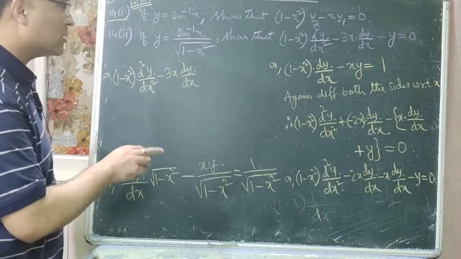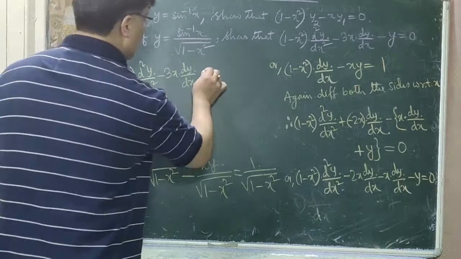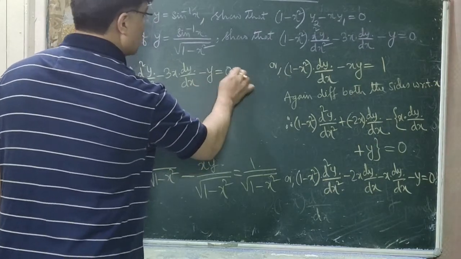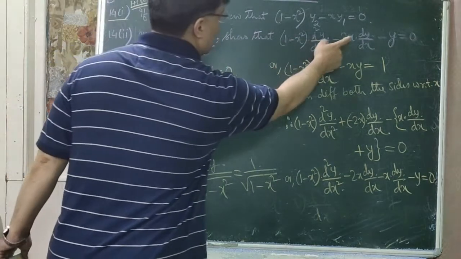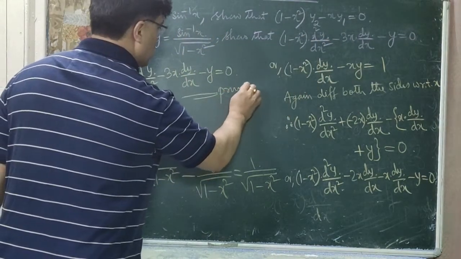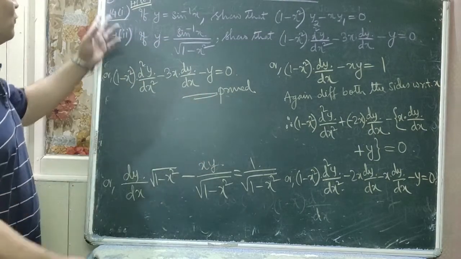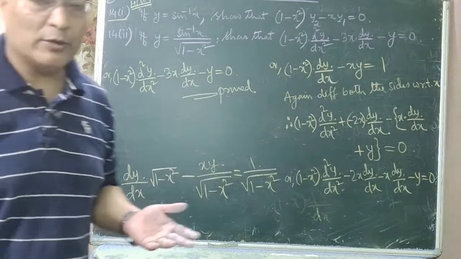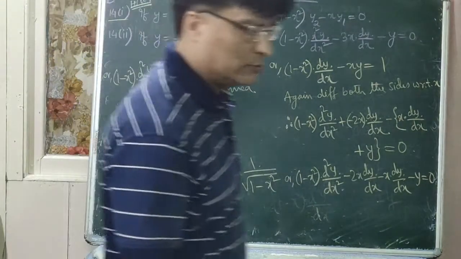Minus 2x dy by dx minus x dy by dx, that is your minus 3x dy by dx. Then minus y is there, which is equal to 0. That is proved. So we have proved the required result. So this question is also very, very important. This is 14 number 2. So 14 number 1 will be your homework, right? So now we'll do the next question now.